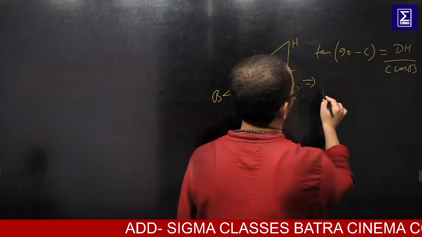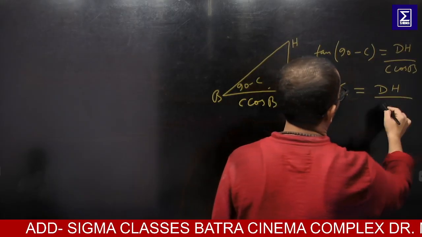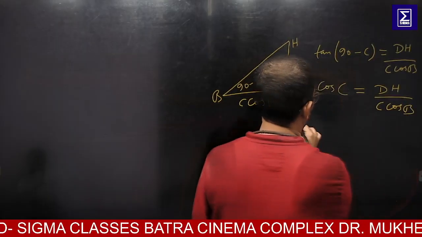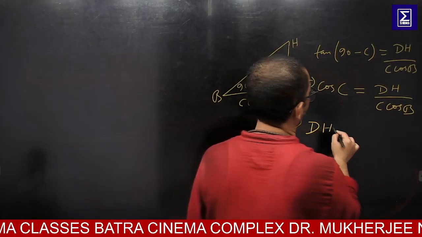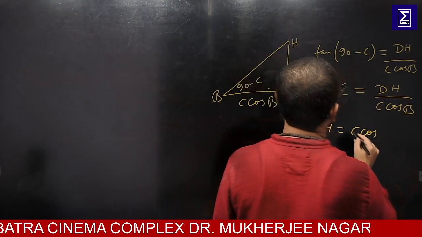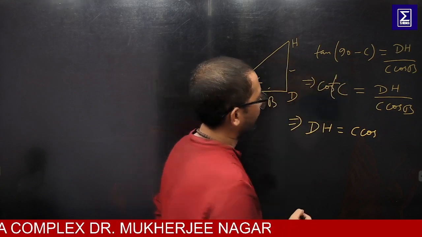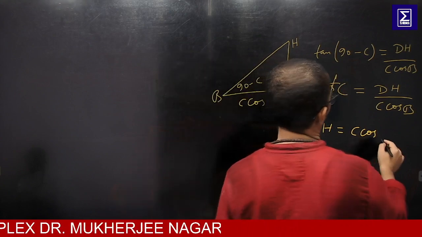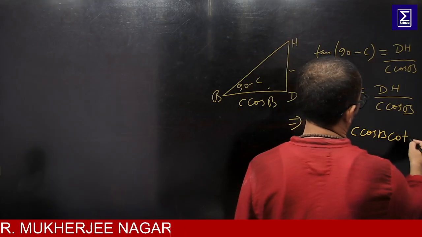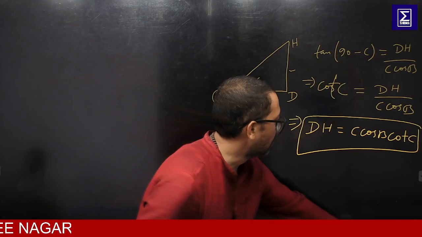So this is cot C is equal to DH upon c cos B. So DH is equal to c cos B cot C, because tan 90 minus C is cot C. This important result you have to learn. Now moving to the next.